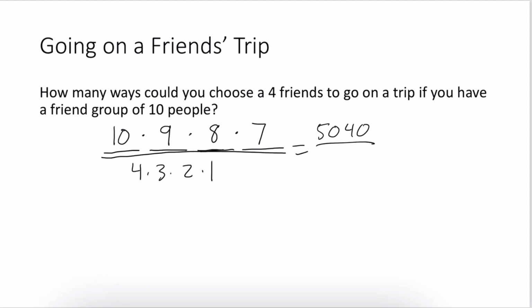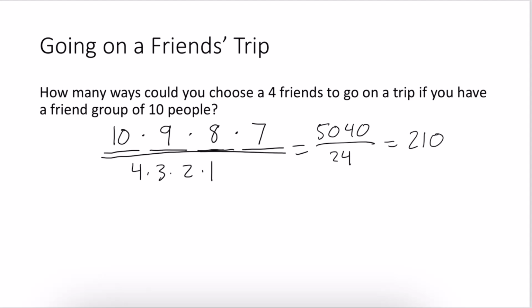And 4 factorial gives me 24. And when I divide those, 5,040 divided by 24, that gives me 210 different ways that I could choose my 4 friends to go on the trip.